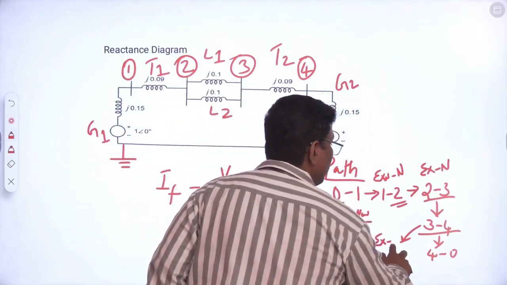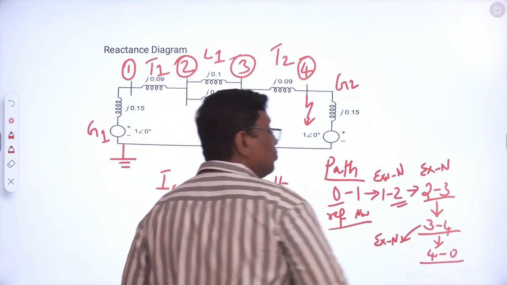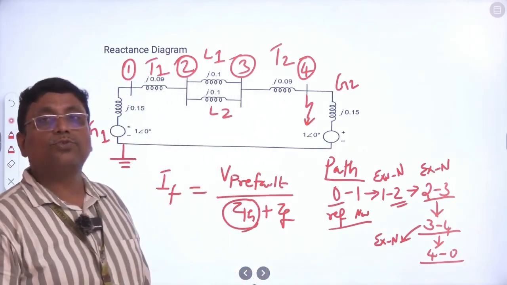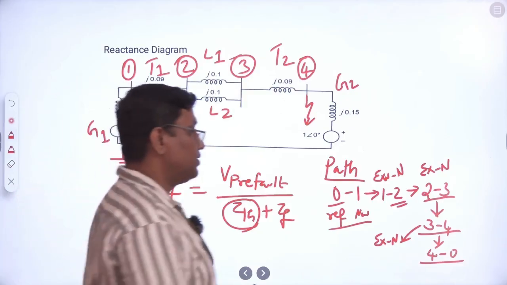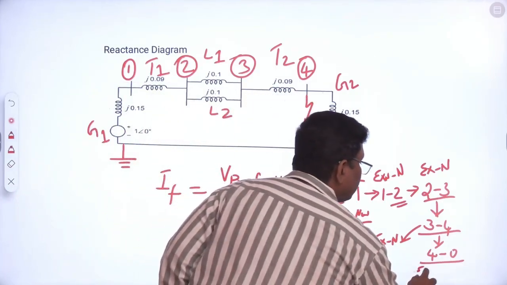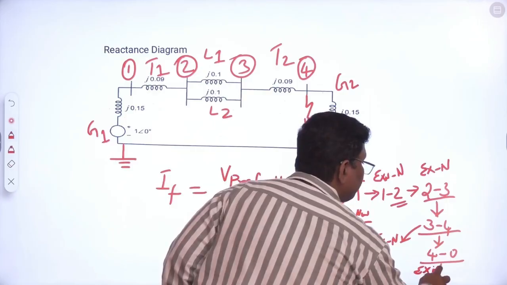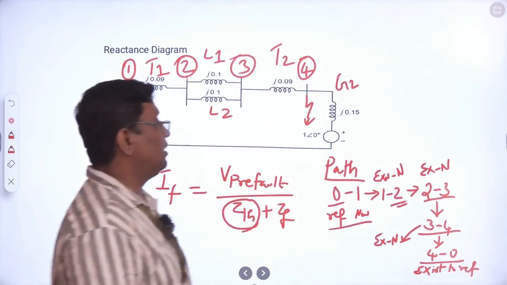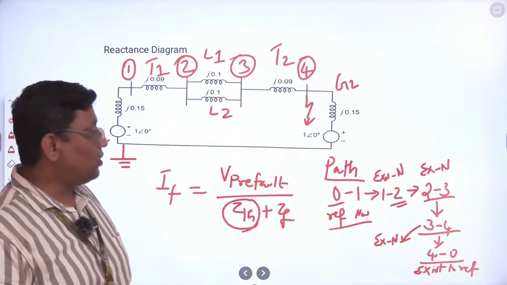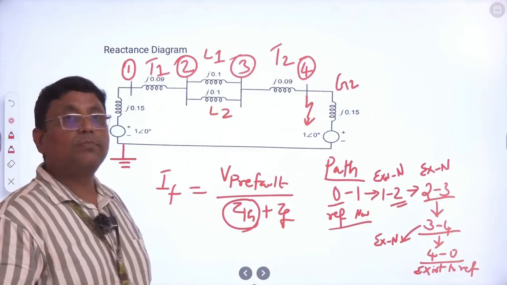And the final, 4 to 0. So 4 is the existing bus, 0 is the reference. So here we have to apply existing to reference. So now we can solve one by one.